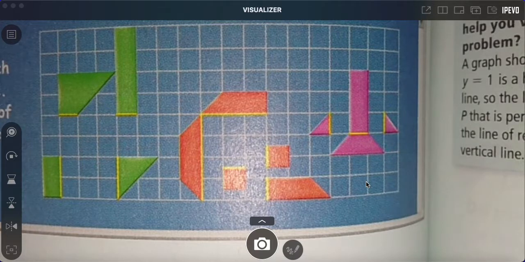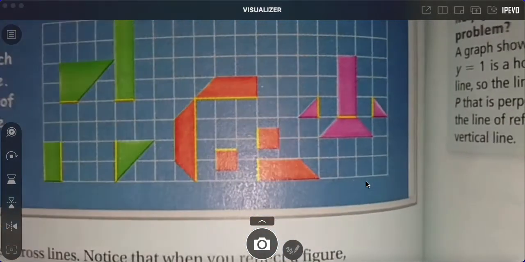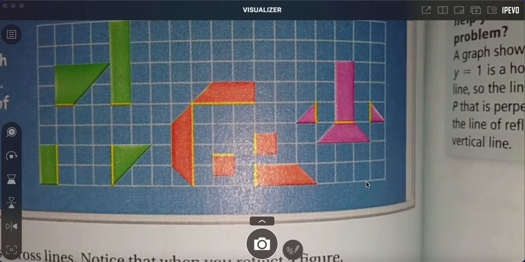It is hard. I got the first one was a D, but I guess not. It's hard to visualize, so we could use grid paper to draw. But did anybody get it?